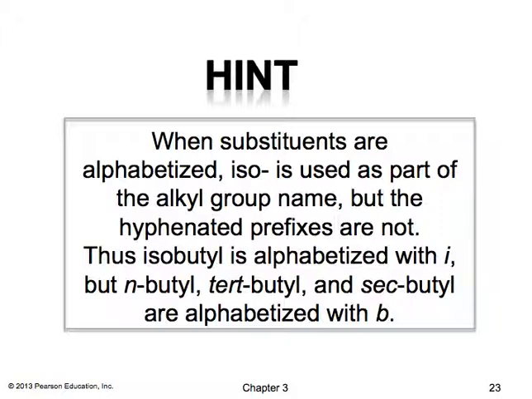So isobutyl is alphabetized with I, but n-butyl, tert-butyl, and sec-butyl are alphabetized with B. So this is something that you have to just memorize and know in order to do your naming of your molecules.